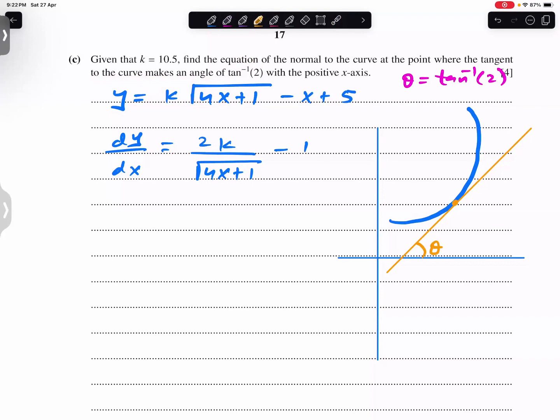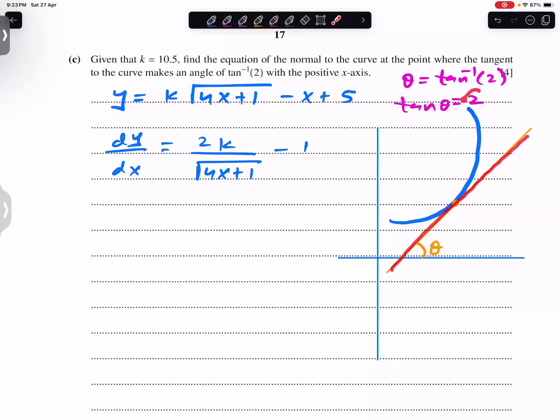As I said, bring tan on the left side. So this will become tan theta is equal to 2. Just remember, if a line is making angle theta with the x-axis, and if you take the tangent of that angle, the answer will be the gradient of that line.